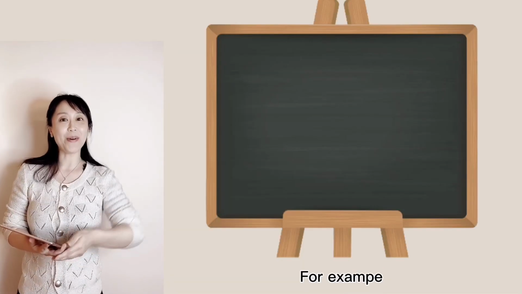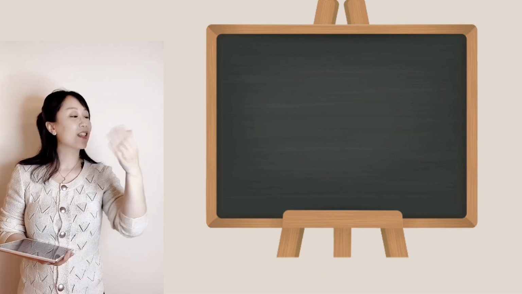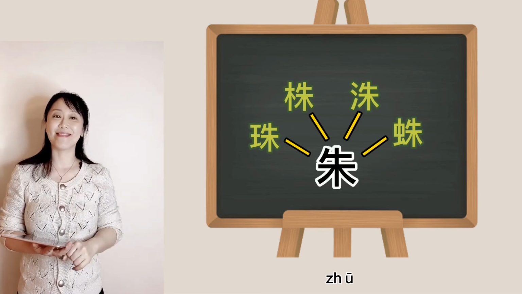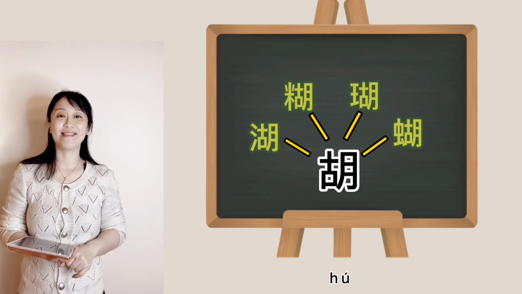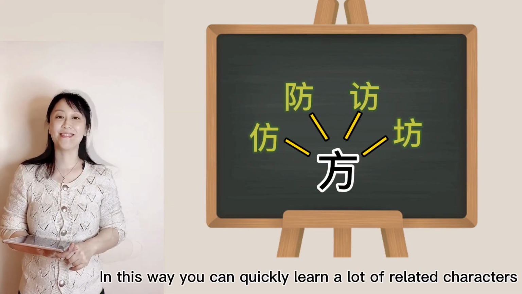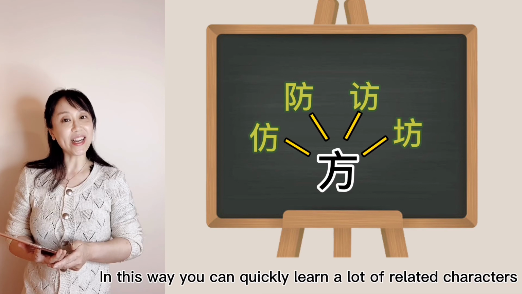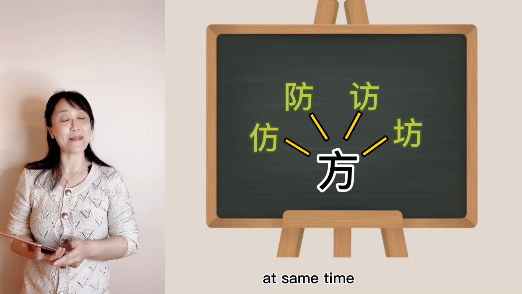For example, 半, 伴, 胖, 方. In this way, you can quickly learn a lot of related characters at the same time.